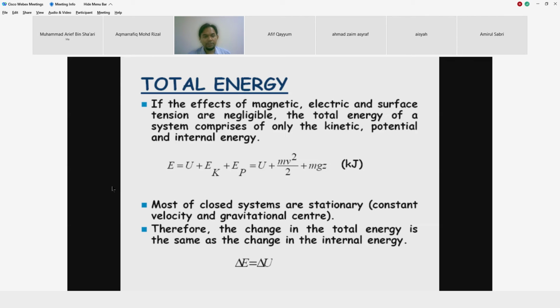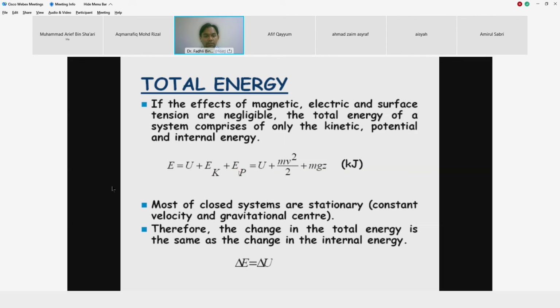At position number 2, the total energy is E2 equal to U2 plus KE2 plus PE2.